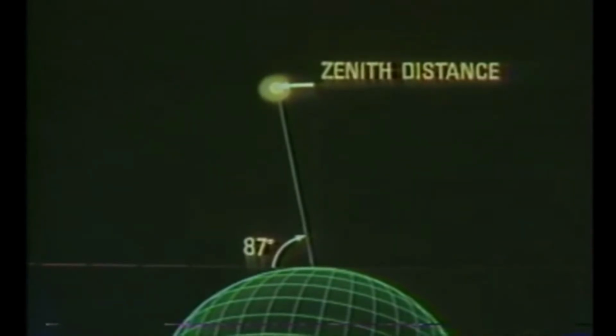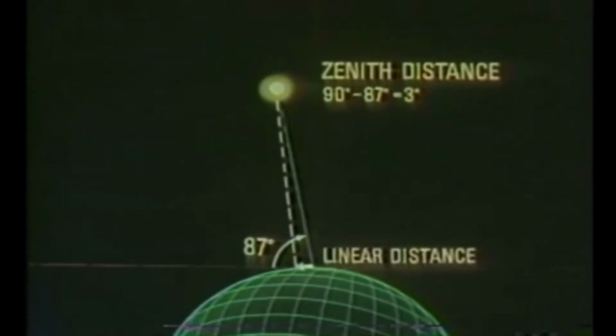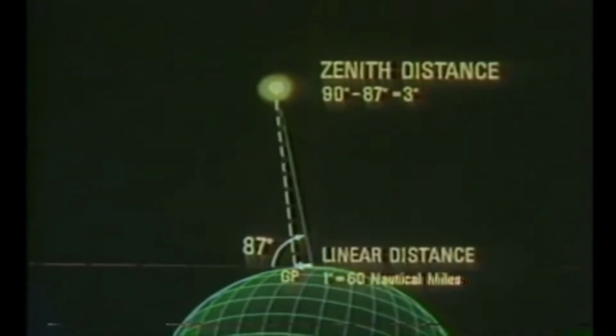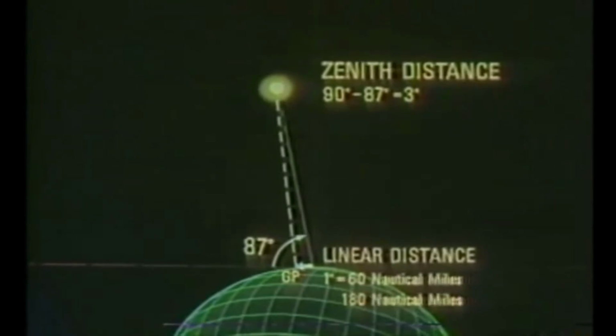In this case, it equals 90 degrees minus 87, or 3 degrees. This can be translated into linear distance on Earth, the distance in nautical miles from the body's geographic position to your position. 1 degree equals 60 nautical miles, so 3 degrees equals 180 nautical miles.